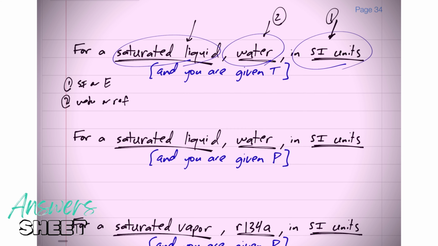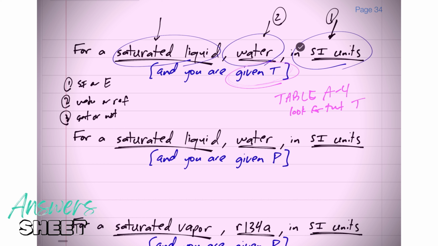And then if it's saturated or not, so if it is saturated, then I'm in tables 4 or 5. All right, and then I am given temperature. That would be the temperature table, Table A4. So for this one, I would be looking at table A4, and I would look for that temperature that I'm given, and I would look for subscript F because it is saturated liquid.